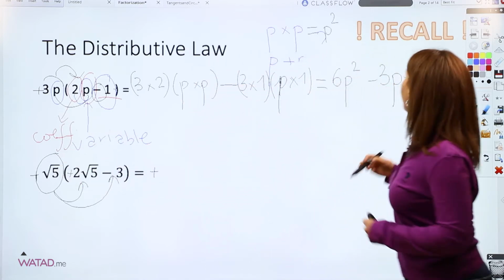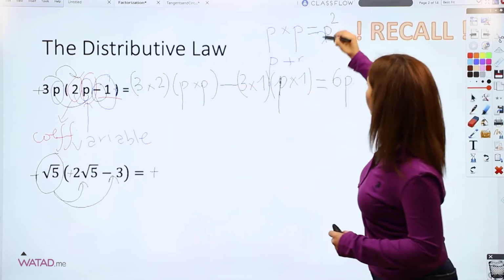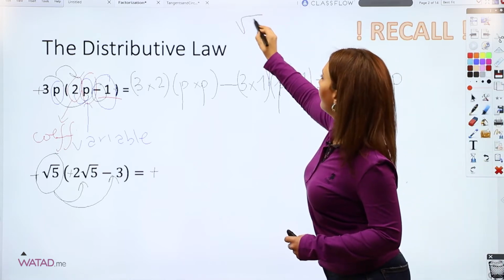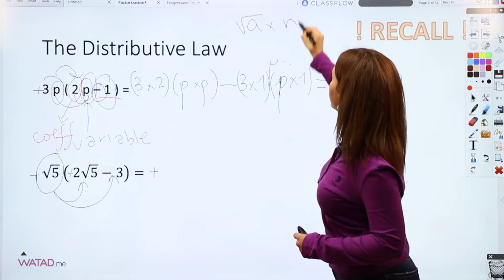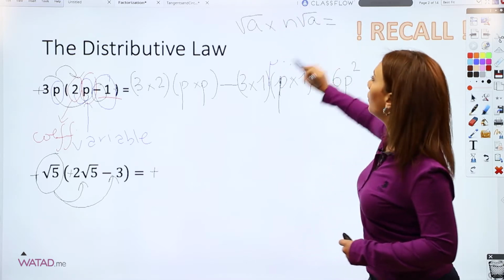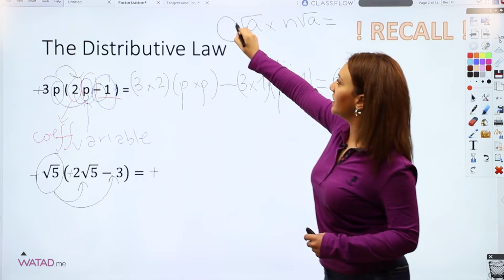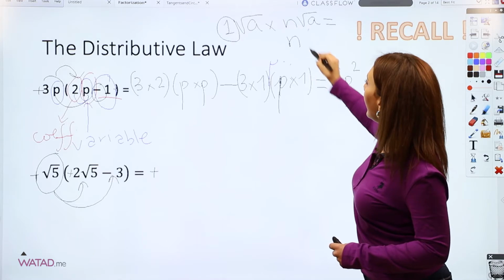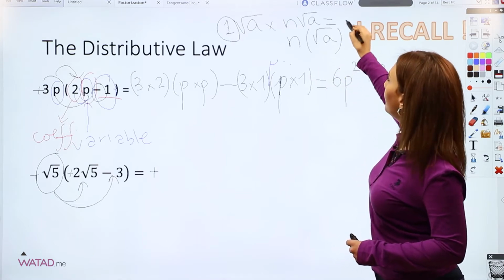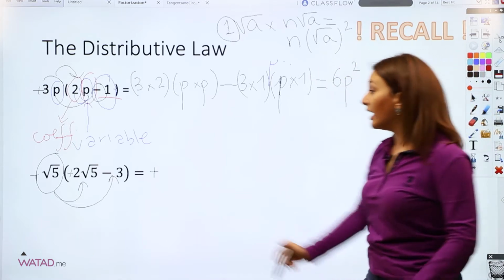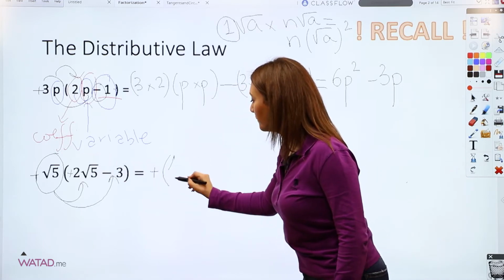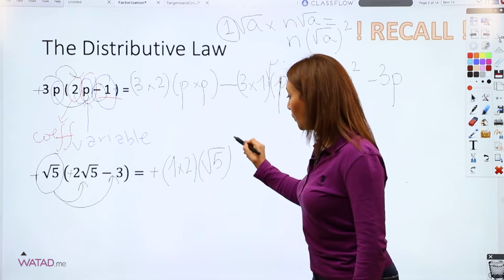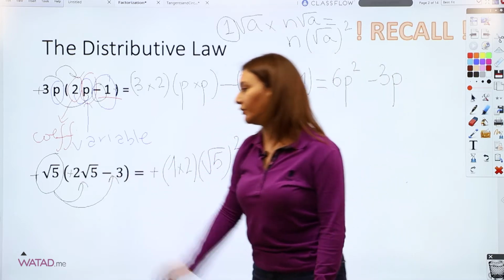Remember, in the last video, we also learned that square root of a times square root of a is equal to the square root of a squared. The coefficient of this one is 1, so this is 1 times 2, and this is the square root of 5 squared.